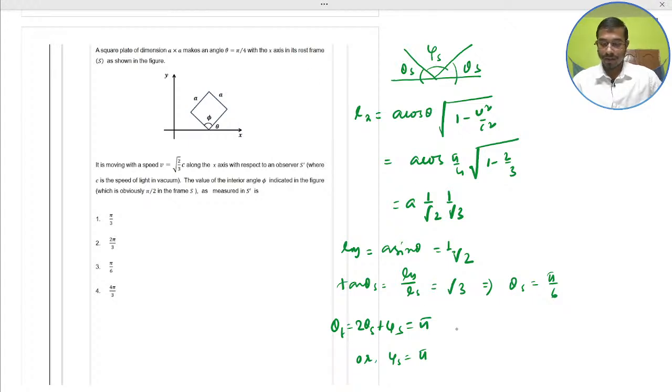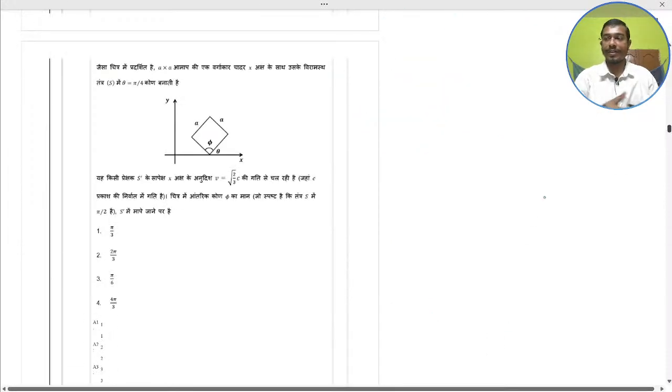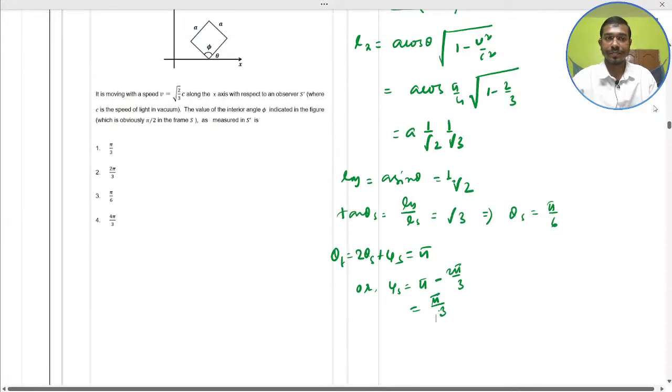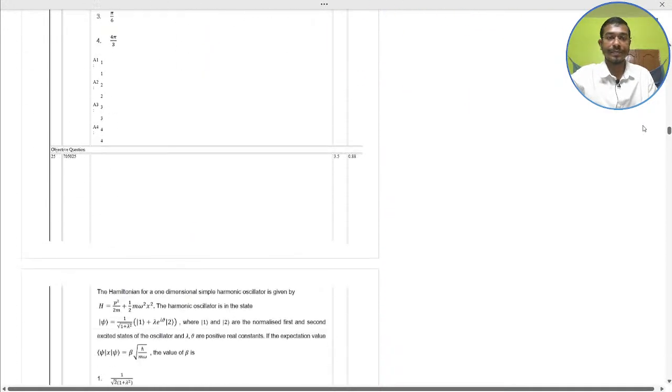Pi minus twice pi by 3 would be what? Pi by 3. Pi by 3 would be the correct answer. Pi by 3 means option A would be the correct one.